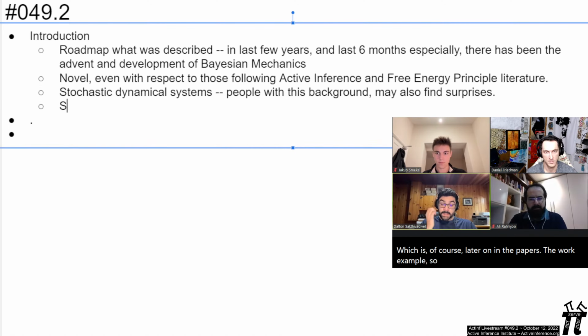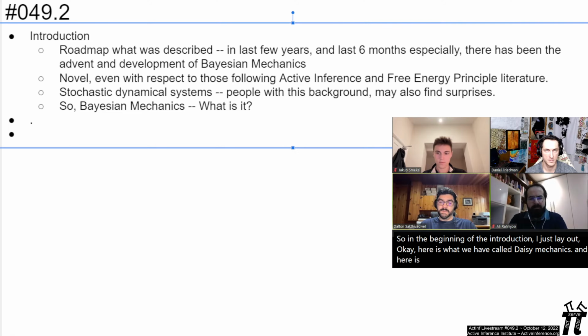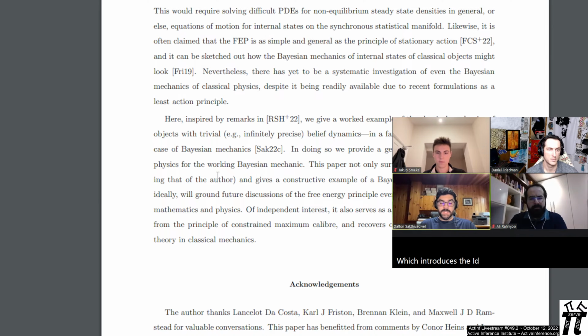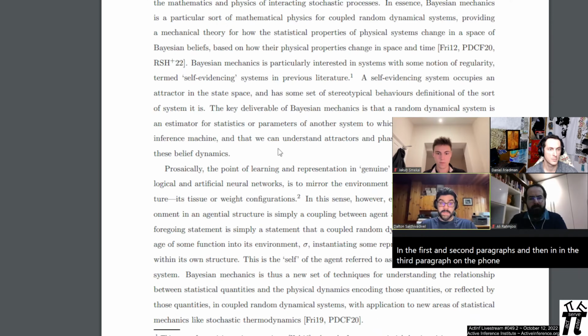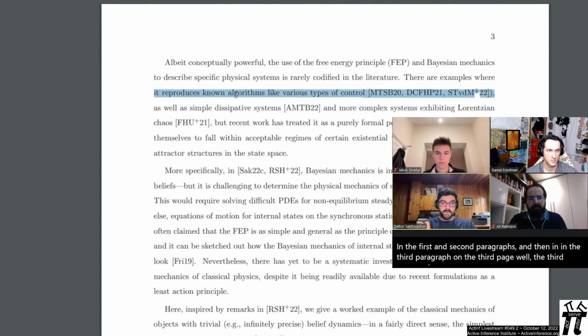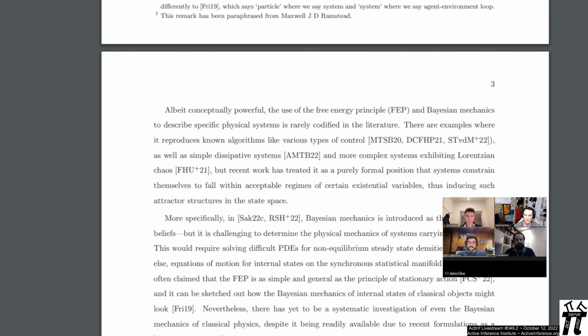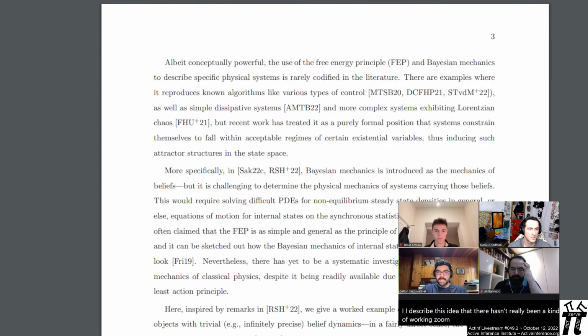So in the beginning of the introduction, I just lay out, okay, here is what we have called Bayesian mechanics, and here is under what circumstances it is useful, which introduces the idea of synchronization in the first and second paragraphs. And then in the third paragraph, the first one on the third page, I describe this idea that there hasn't really been a worked example of this yet.